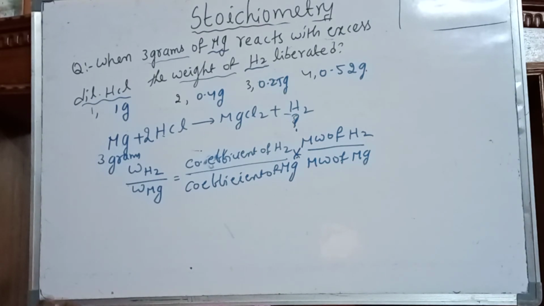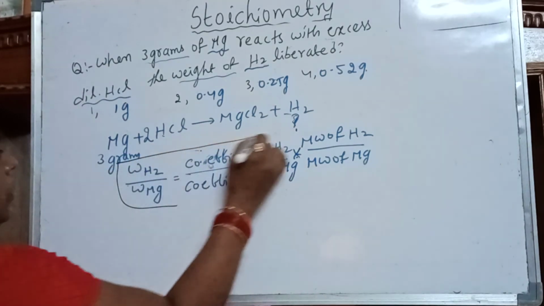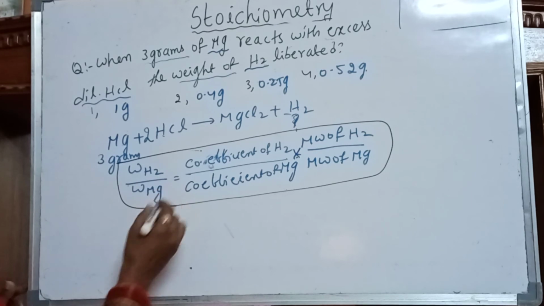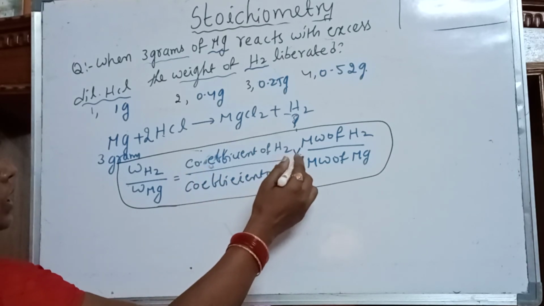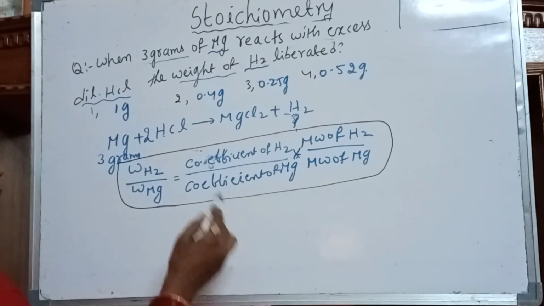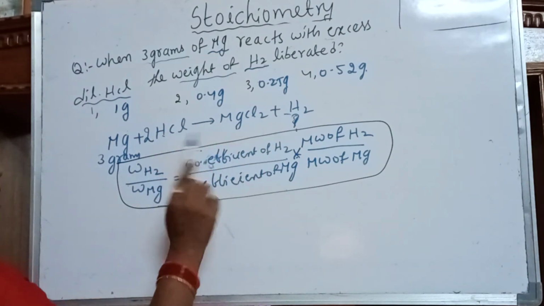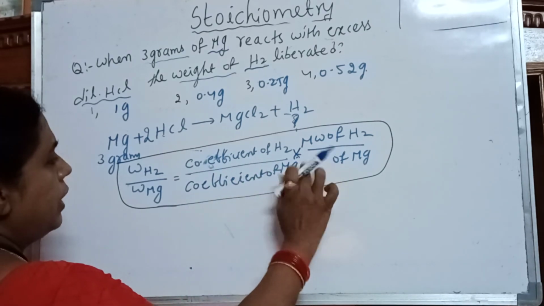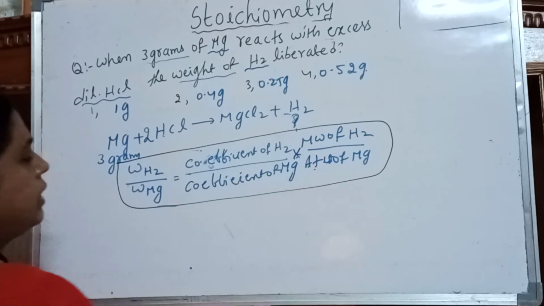So by using this formula we can calculate directly. The formula is: weight of hydrogen gas by weight of magnesium given in the problem is equal to coefficient of hydrogen by coefficient of magnesium into molecular weight of H2 by atomic weight of magnesium. These coefficients are known from the equation.